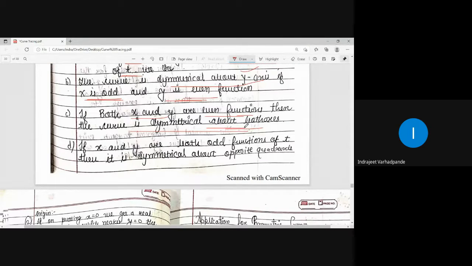If after putting t as minus t you get the same values for x as well as y, the curve remains unchanged, and we say that it is symmetrical about both the axes. If x and y are both odd functions of t, then it is symmetrical in opposite quadrants.